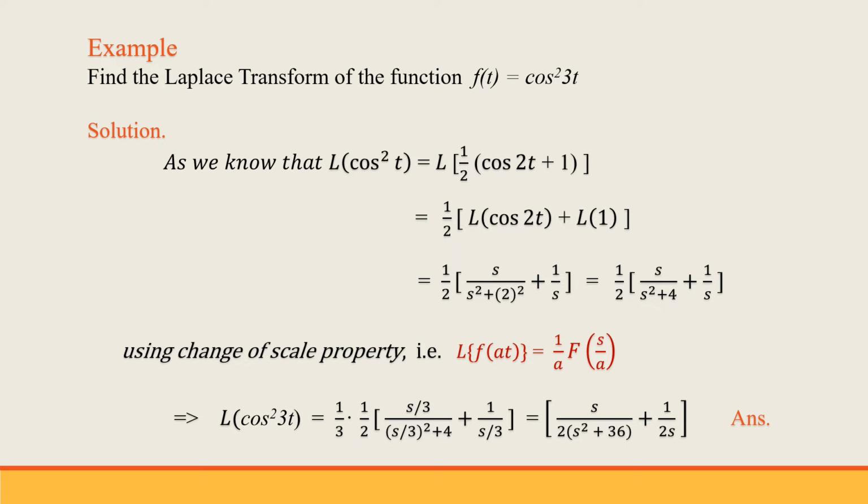Solving it, we get s by 2 into (s square plus 36) plus 1 by 2s. So you see how to use the change of scale property to solve such types of problems.